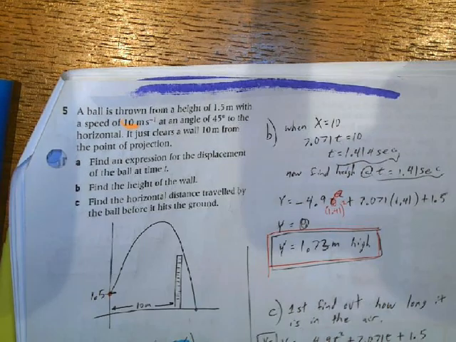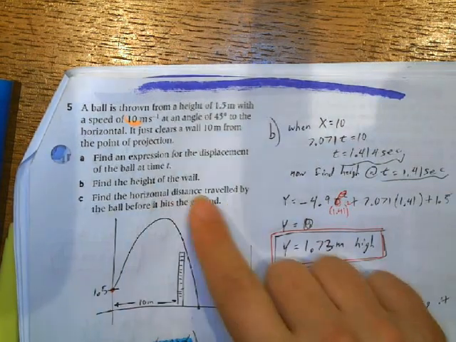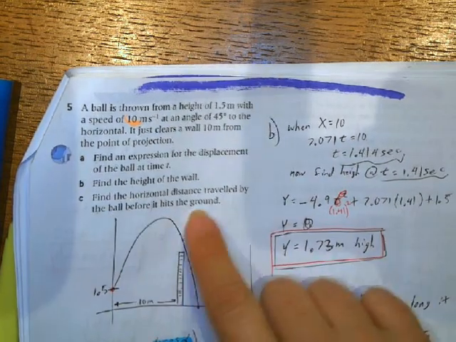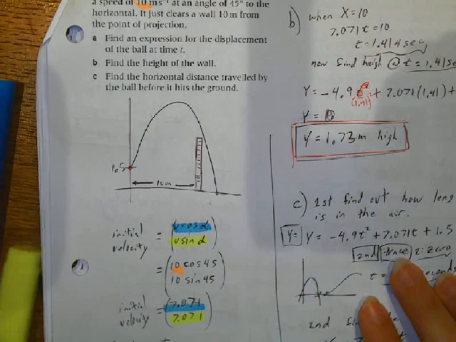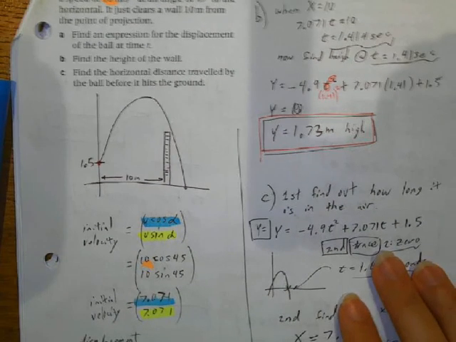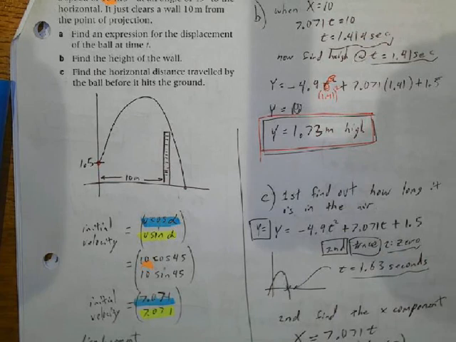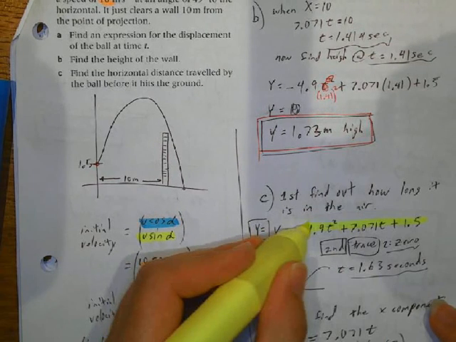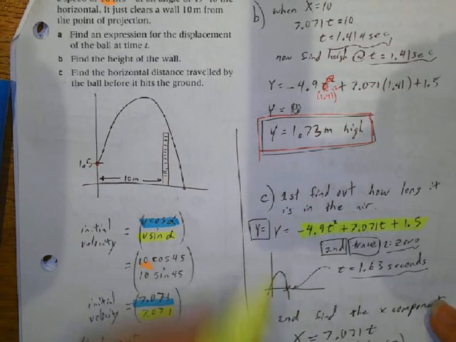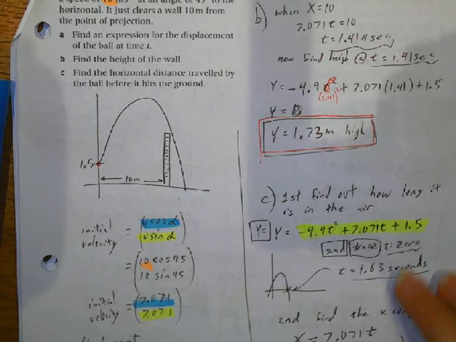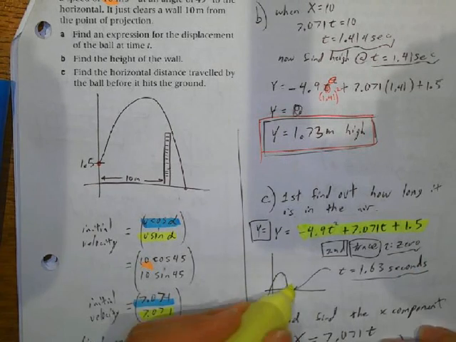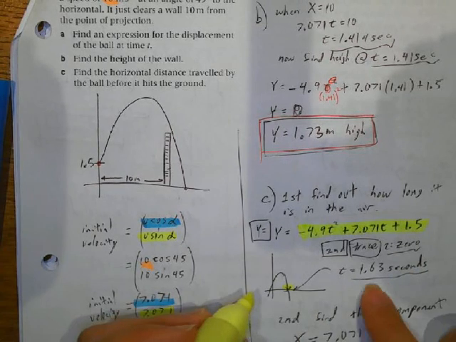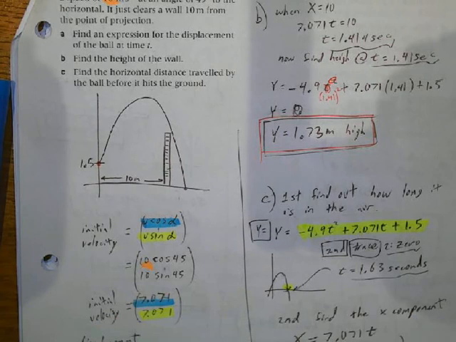Okay. Question C says, find the horizontal distance traveled by the ball before it hits the ground. So we want to find the height when it hits the ground. The first thing we need to do is figure out how long it takes to hit the ground. So I'm using this equation here, and second trace 0, and that tells me it takes 1.63 seconds to hit the ground.